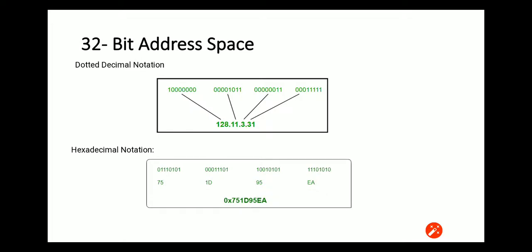The 32-bit address space. Okay, an IP address is a 32-bit unique address having an address space of 2 to the power 32. Generally there are two notations in which IP addresses are written: dotted decimal notation and hexadecimal notation.